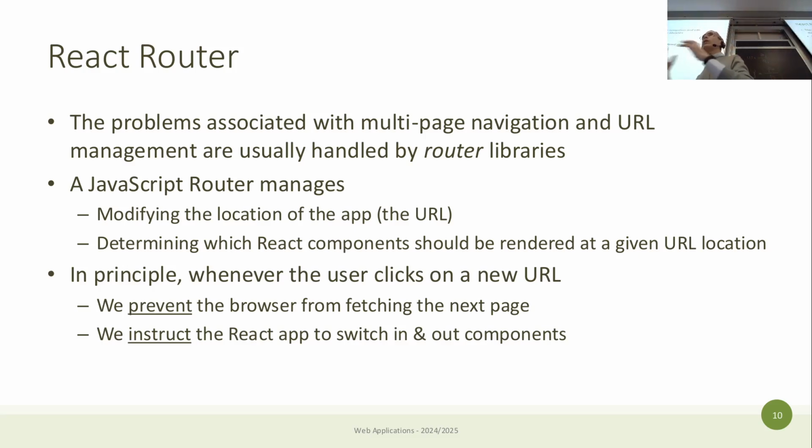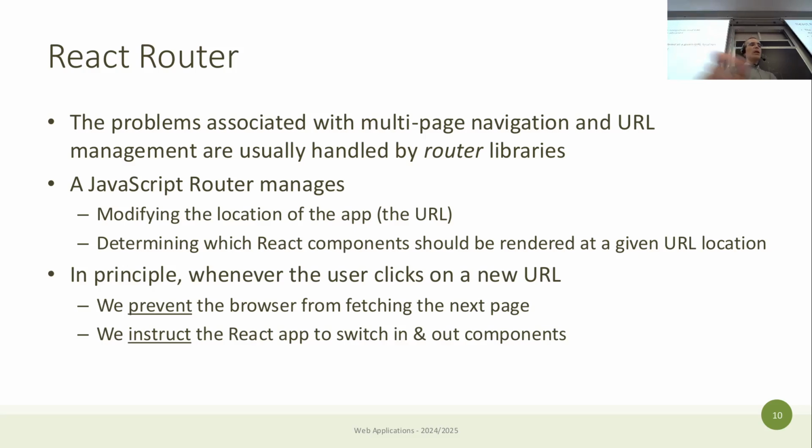We need to tell the library that we would like to navigate to a different URL, and then the library, since it's helping us, also needs to be instructed about what to show at each URL. So we need to define some routes. It means something to show for each URL that is a valid URL for our application.